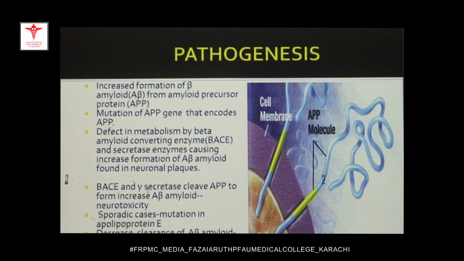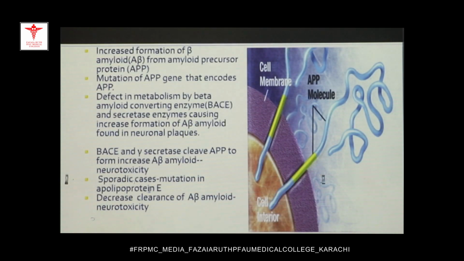And this results in abnormal cleavage of the segment which is toxic, and this aggregates and results in the neurotoxicity. The sporadic cases are as a result of apolipoprotein E mutation.